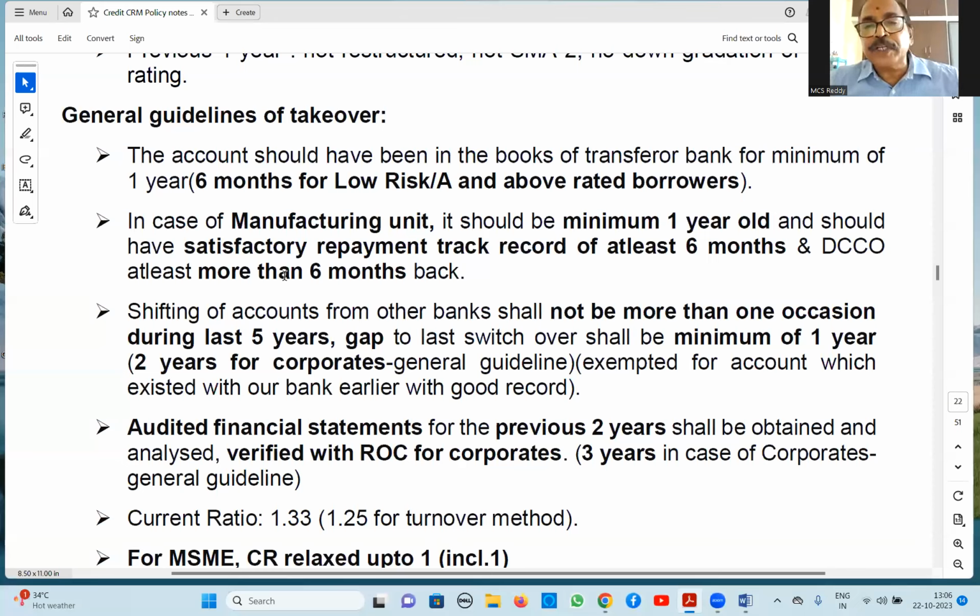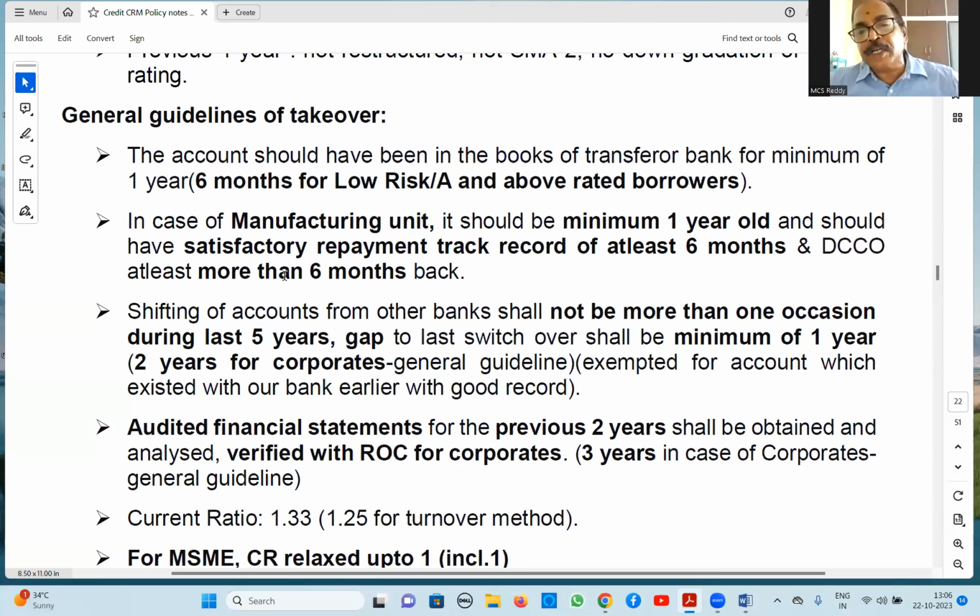In case of manufacturing units, minimum 1 year old should have satisfactory repayment track record for at least 6 months. And the DCCO, commencement of commercial operations, at least 6 महीने से ज़्यादा हो गया, more than 6 months back commercial operation. This is for manufacturing unit. So minimum 1 year old should have satisfactory repayment track record at least 6 months. DCCO 6 महीने से पहले ज़्यादा ही हो गया. Then only manufacturing unit we will consider for takeover.